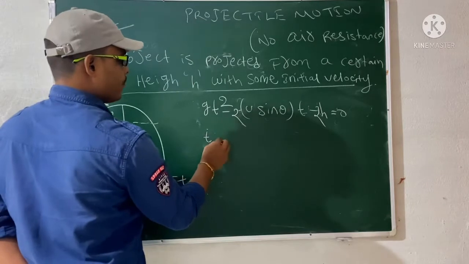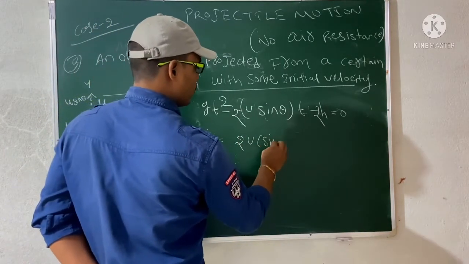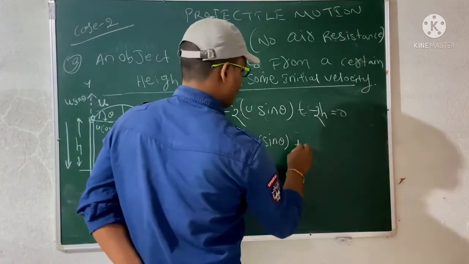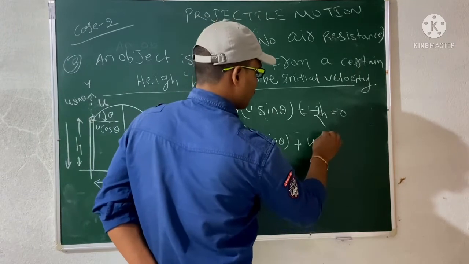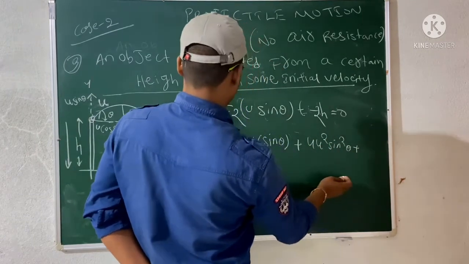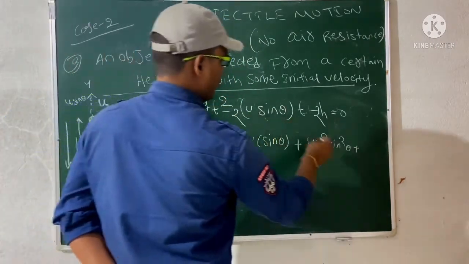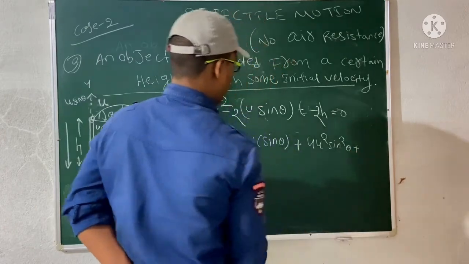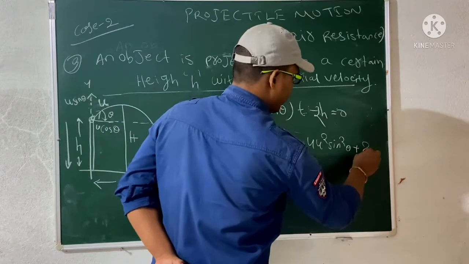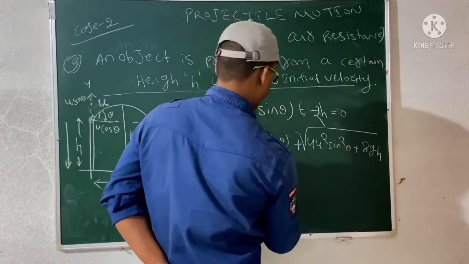So what will be t? That will be minus b plus minus root of b square minus 4ac, divided by 2a. So that will be t equals u sin theta plus minus root over 4u square sin square theta plus 8gh, divided by 2g.